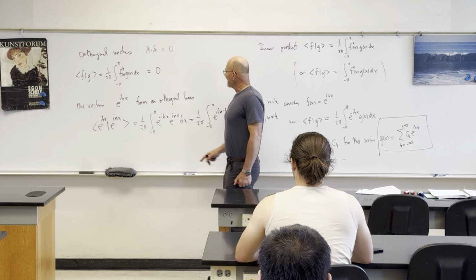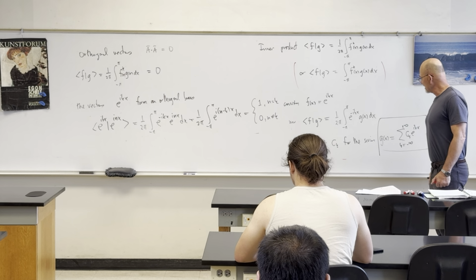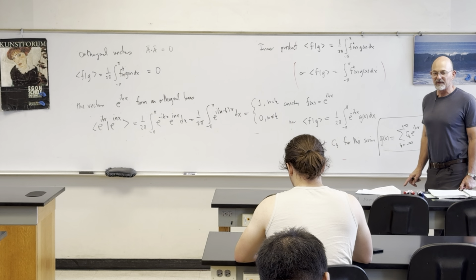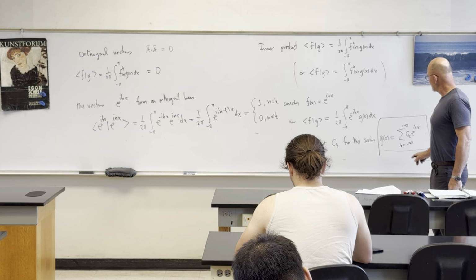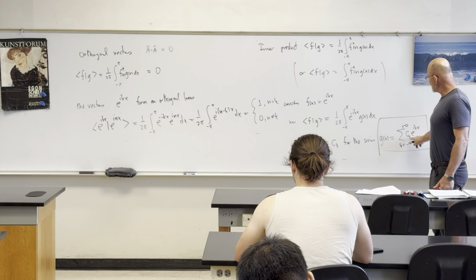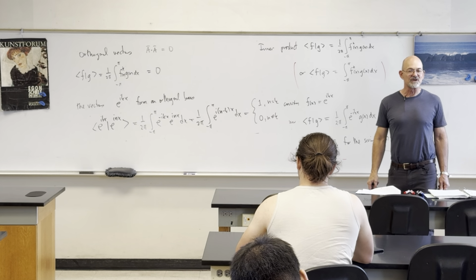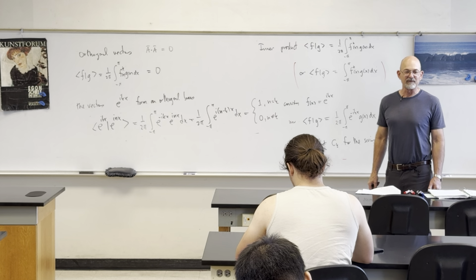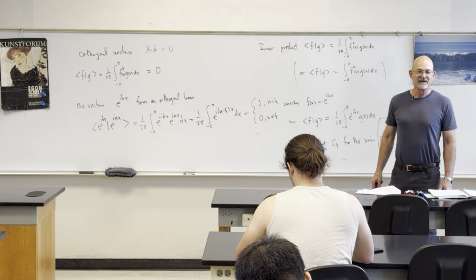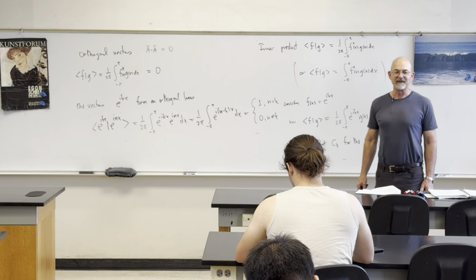So the expansion of this function g over here in a Fourier series needs an infinite number of basis vectors, and that's what it means when we say this is an infinite dimensional vector space. You guys heard of infinite dimensional vector spaces before? Anywhere? Some have. Maybe. That's what it means.